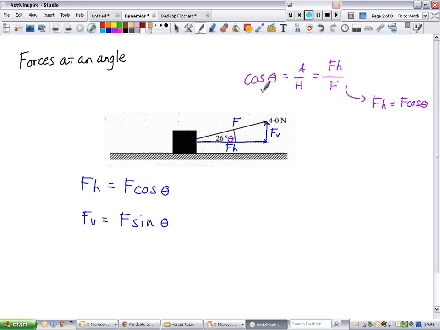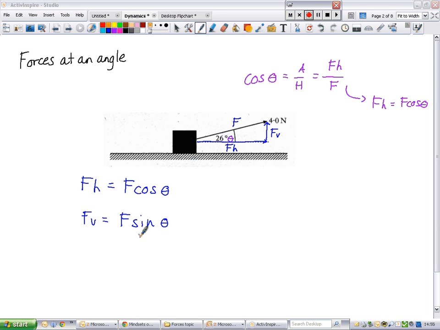So if you want to know how much force there is in the horizontal direction here, then it would be 4 cos 26. If you want to know how much is in the vertical direction, then it will be 4 sine 26. You can see visually that there's going to be more force in this horizontal direction than there will be in the vertical direction, but that's where these come from, and we need to be able to apply these to forces acting at an angle.